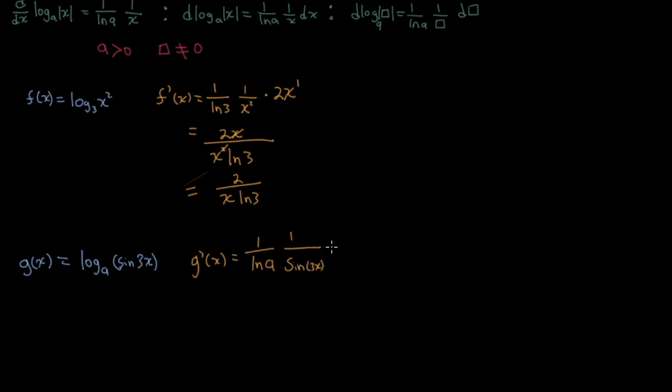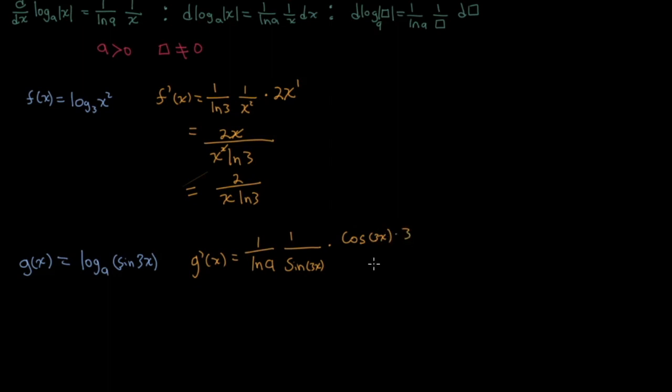The derivative of a sine function is a cos of that function. So cos 3x times the derivative of whatever's in this term from our chain rule here, so times 3.